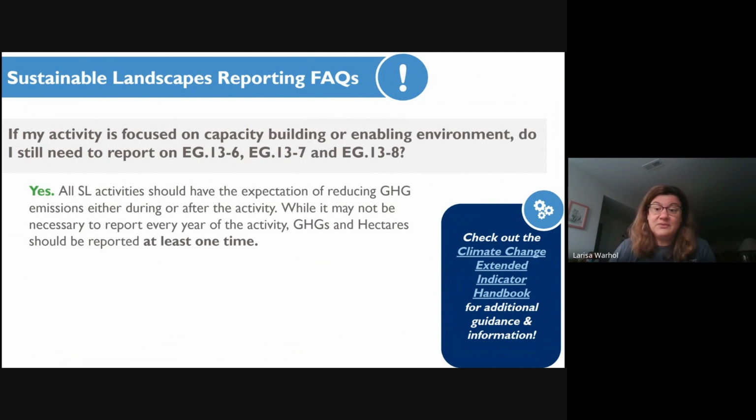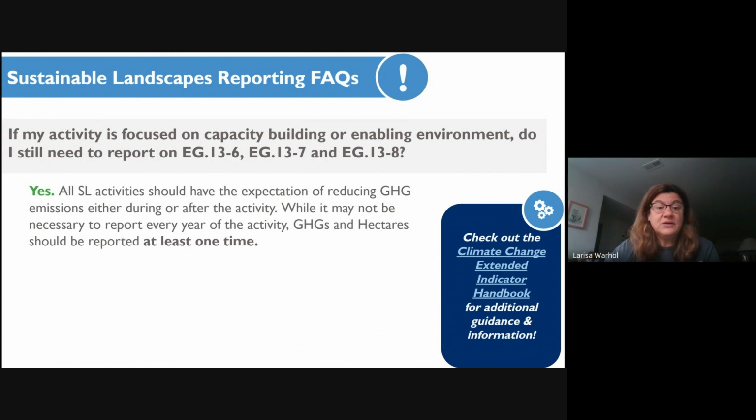So even if it's in year 5 of your activity, be thinking about how you could be reporting on EG.13-7 or EG.13-8 if it's greenhouse gas emission reductions that are going to occur in the future. So again, we're always happy to talk with people about this and provide advice, but think about, even if you're doing capacity building or enabling environment, the expectation is that work will be leading to land-based greenhouse gas emission reductions.